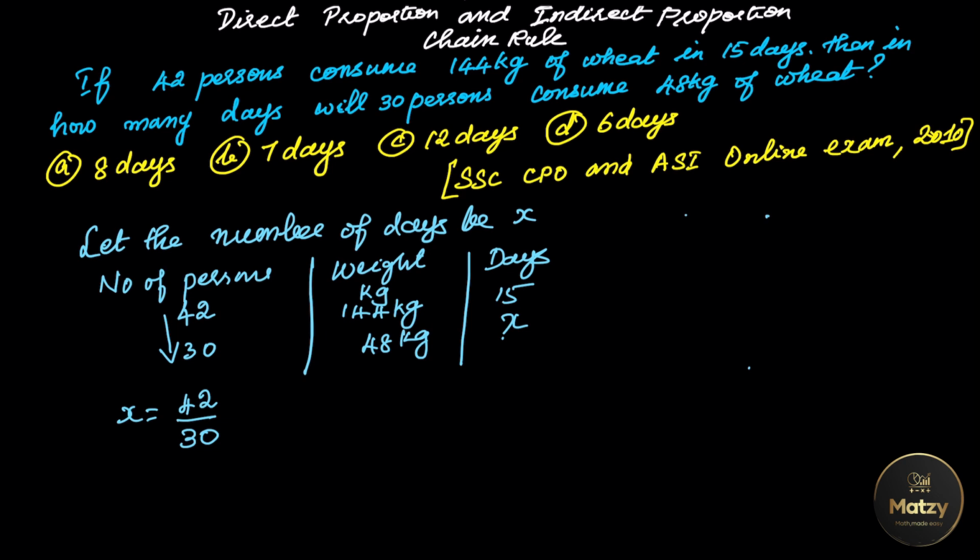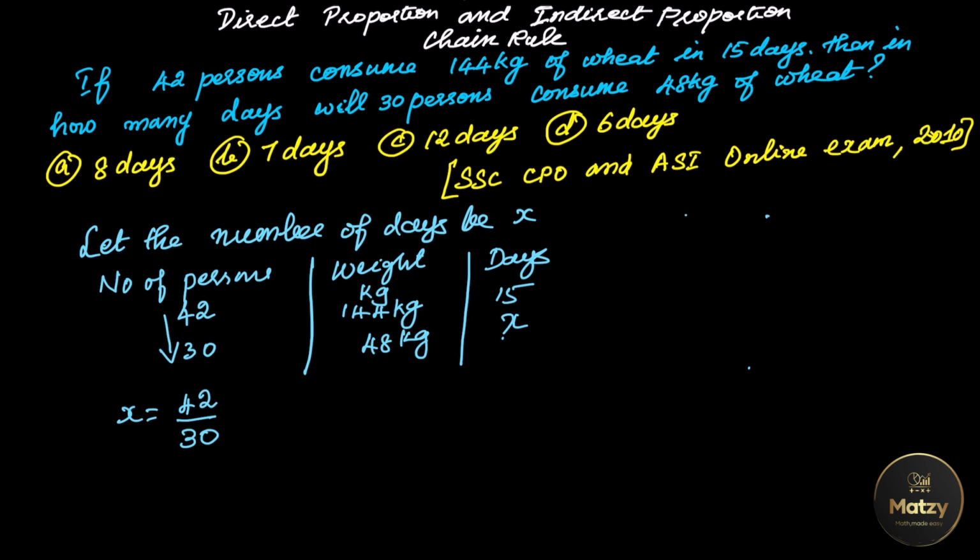Okay, next consider wheat and the days. I am comparing these two quantities. If 144 kilogram of wheat is there, they are keeping it for 15 days. If 48 kilogram, less wheat is there, then the number of days will be less only. Am I right? If more weight of wheat is there, they will keep it for a long time.